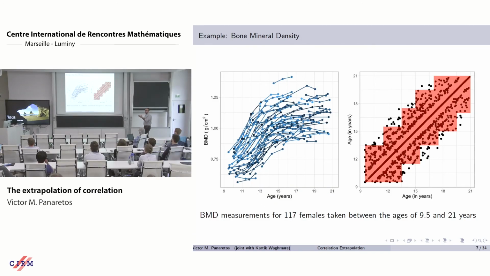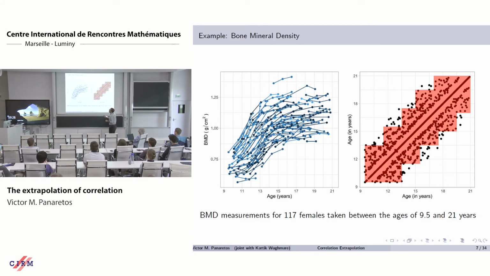And this arises very concretely. This is a data set considered, I think, by Delaigle and Hall. It's measurements of bone mineral density on 117 young women and girls. To measure this, you have to do X-rays, so it's not an easy measurement to do.